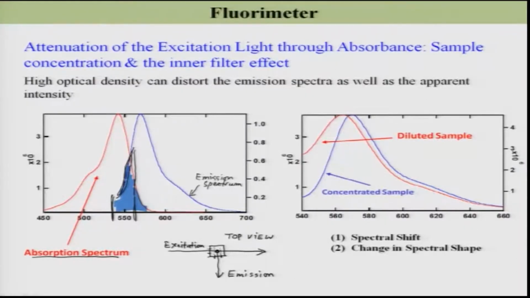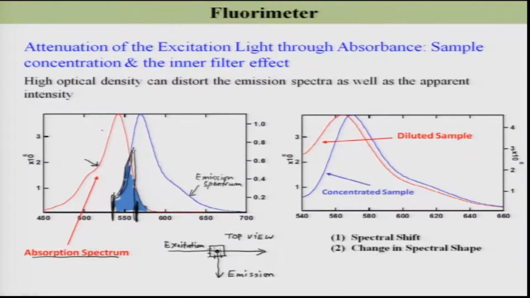Clear? So, if the concentration of your sample is high, that means absorbance is high, then the emitted photon in this wavelength window could be reabsorbed by the molecules, right, because you have a large amount of molecules, concentration is very high.